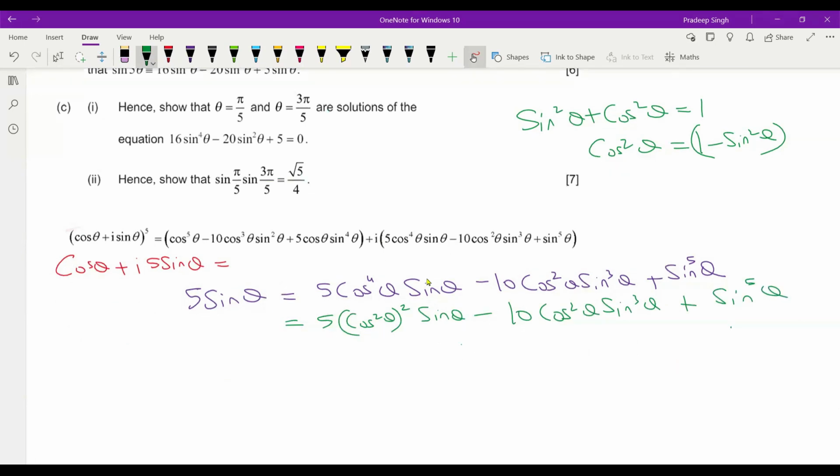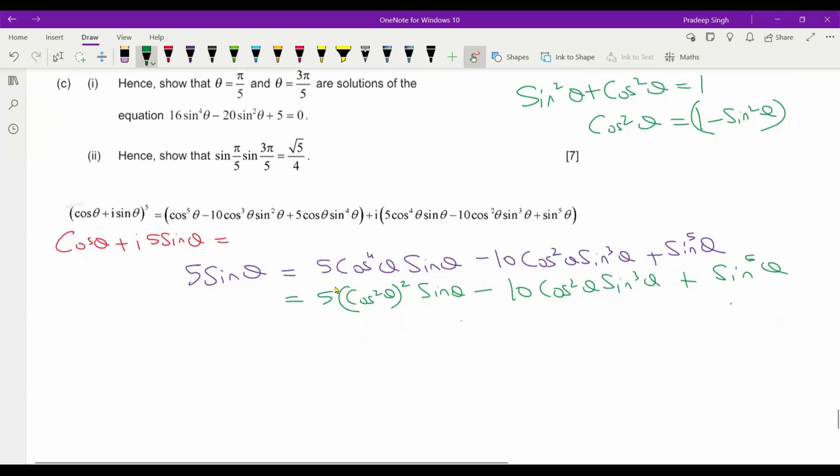Now let's replace all the cos^2 theta with 1 minus sin^2 theta. So we get 5 times (1 minus sin^2 theta)^2 multiplied by sin theta, minus 10 times (1 minus sin^2 theta) multiplied by sin^3 theta, and at the end, sin^5 theta.